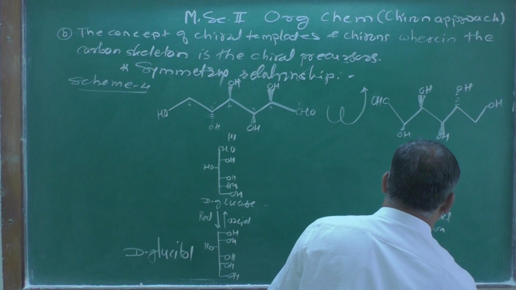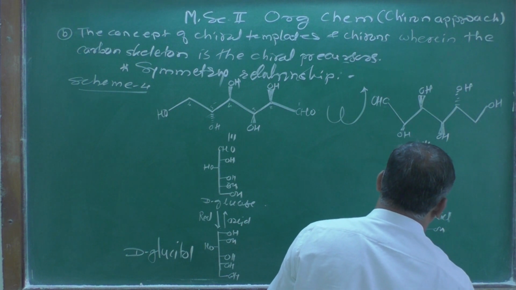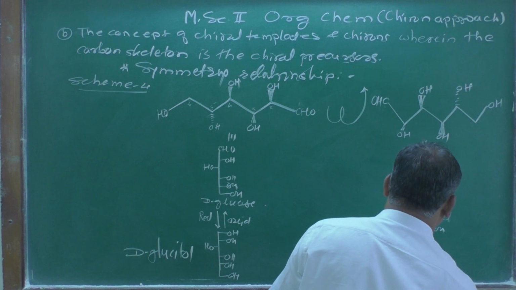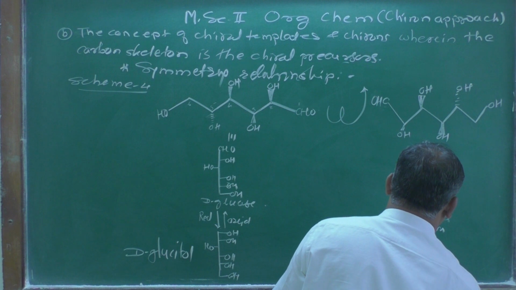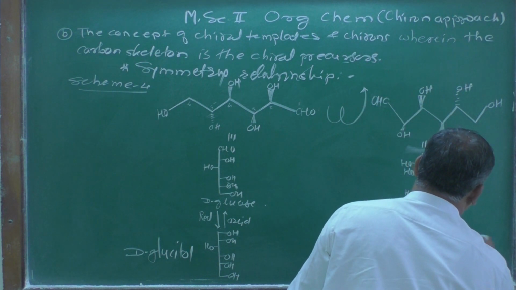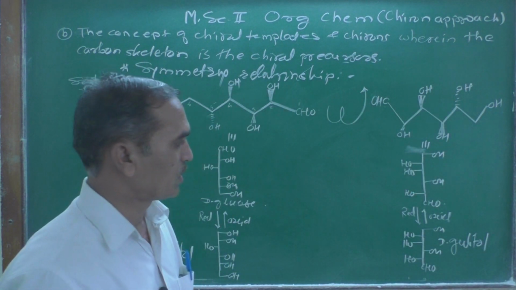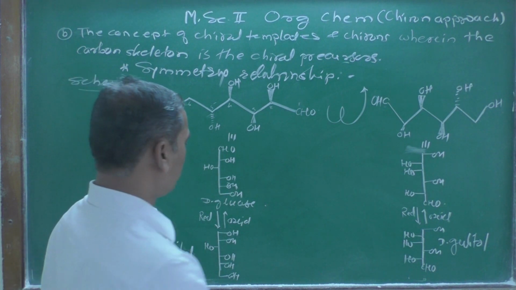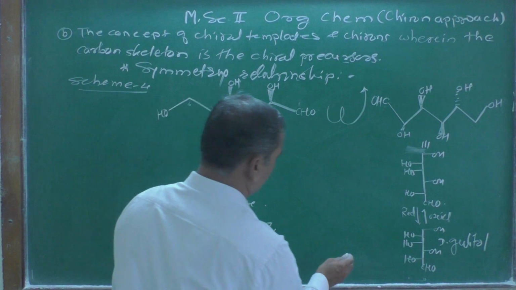OH, then this side HO, then OH, then OH, then CHO. This is known as D-glucitol. This is the structure of D-glucitol, and now this can be converted like this.